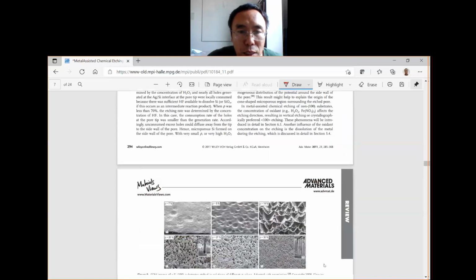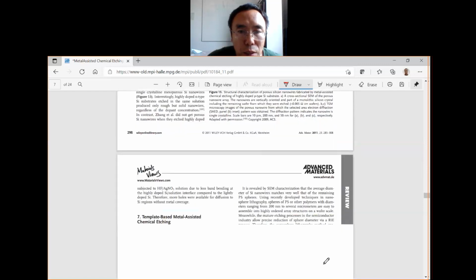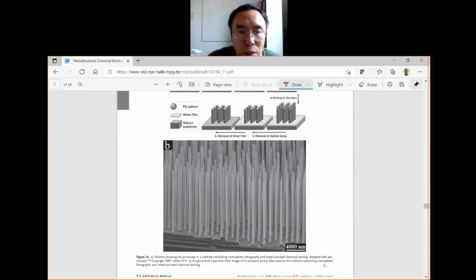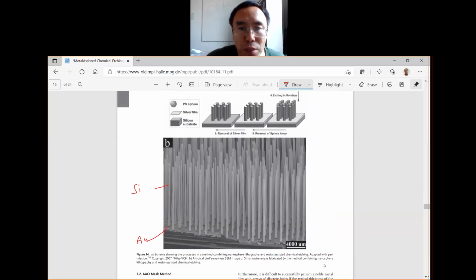But this one, you see the gold at the bottom. This is the silicon. Those are silicon pillars, very, very high aspect ratio silicon pillars, and the gold sinks to the bottom. So this is a very, very nice etching process. Here we have a height of maybe 12 micrometers.